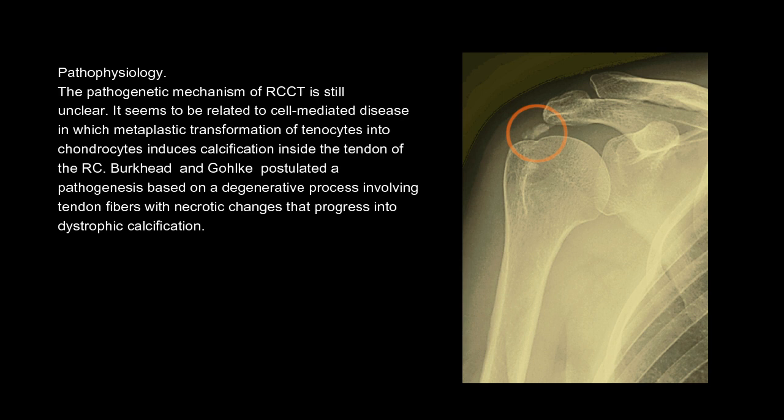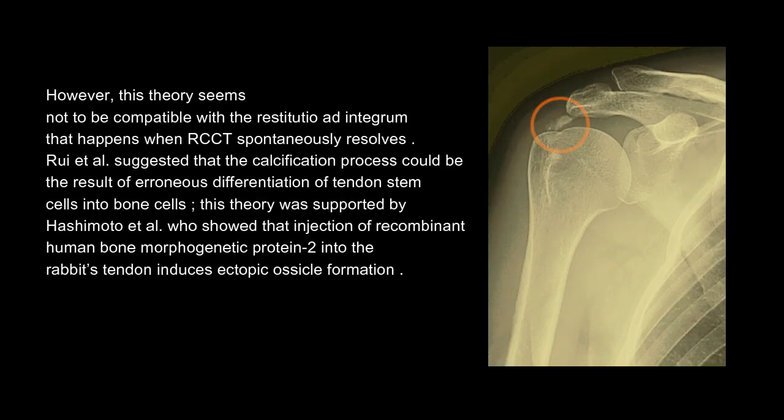Birkhead and Golka postulated a pathogenesis based on a degenerative process involving tendon fibers with necrotic changes that progress into dystrophic calcification. However, this theory seems not to be compatible with the restitutio ad integrum that happens when RCCT spontaneously resolves.